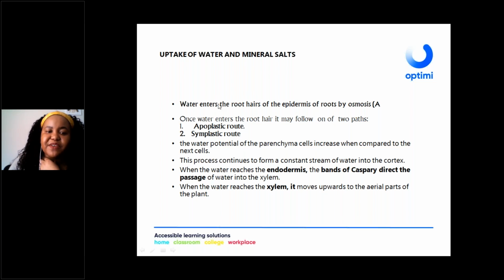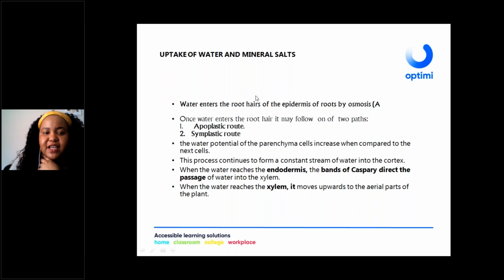Because of that fact, water from the soil will want to move from the soil with a high water potential to the cell sap with a low water potential.